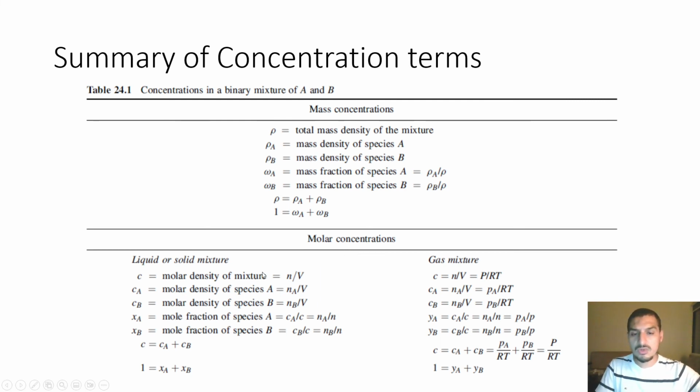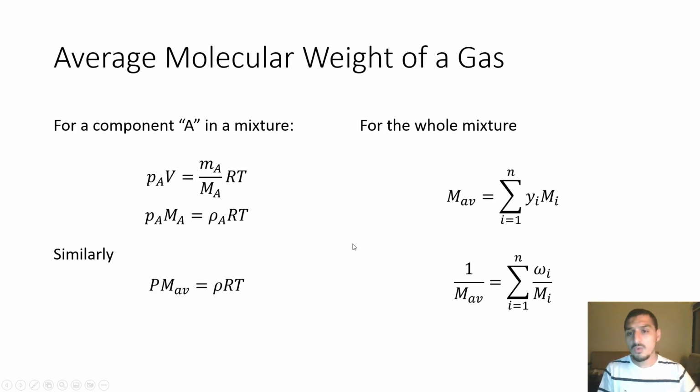For molar concentration, we have the same thing for the liquid or solid phases, and for liquid or gas phases, I'm sorry. And as you see, the only difference here is that this is X and this is Y, as we said before.